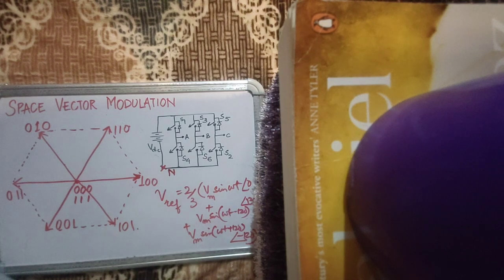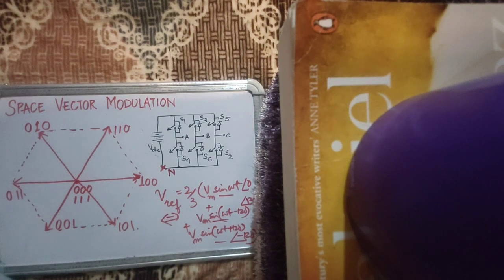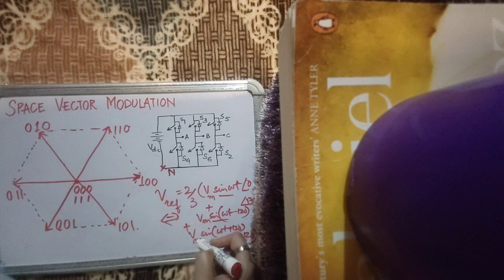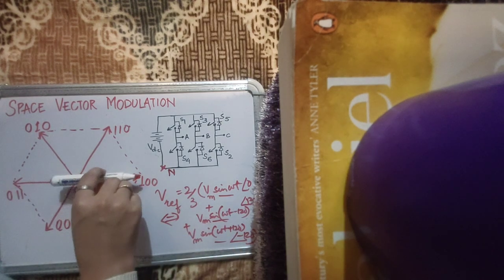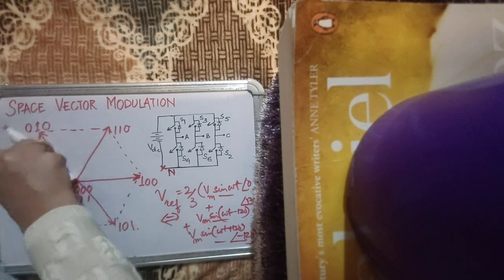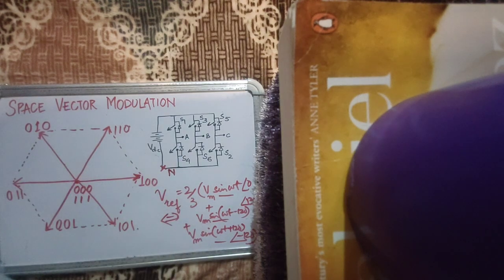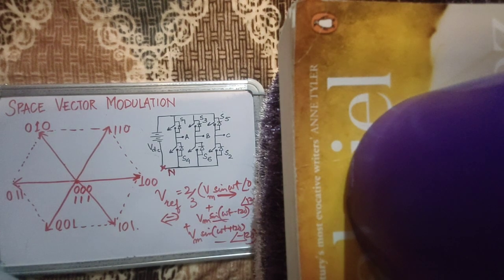This is what I want from the converter. I added up these 3 phase voltages in this way to generate a reference space phasor, and because it is constructed from sine waves, this is what we want from the converter. It will trace a circular trajectory, something like this. It will go round and round like this, and it will trace a perfect circle because it is constructed from perfect sine waves.